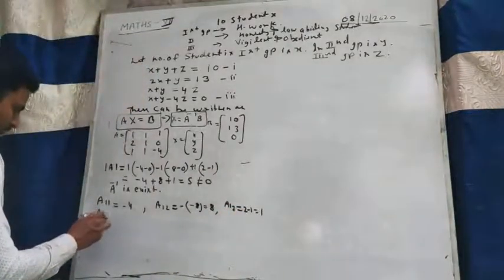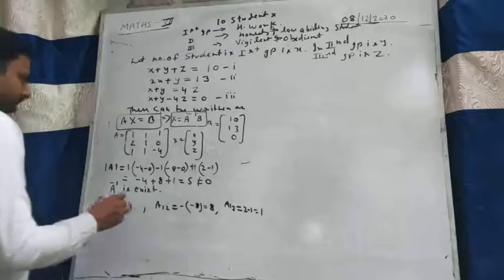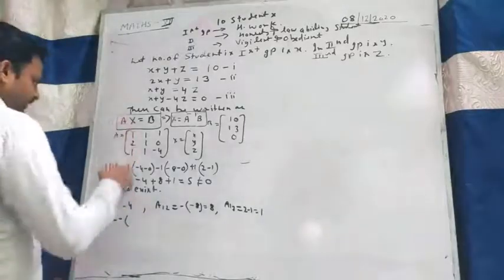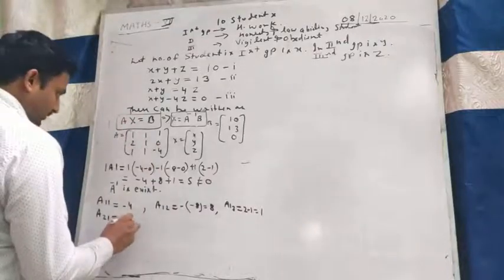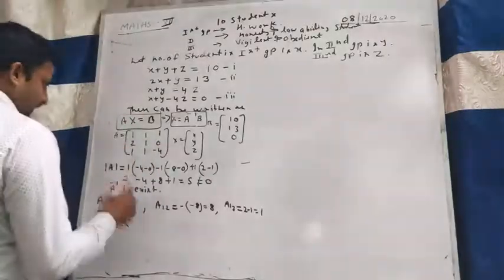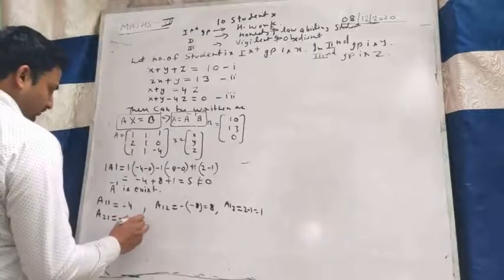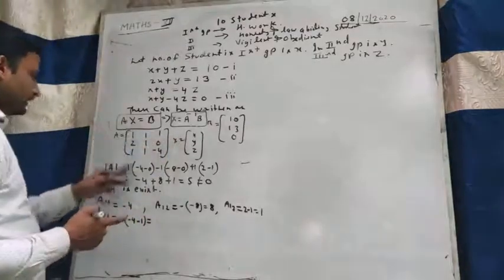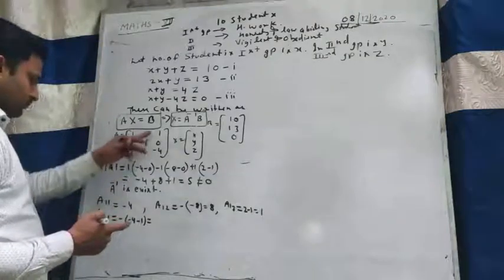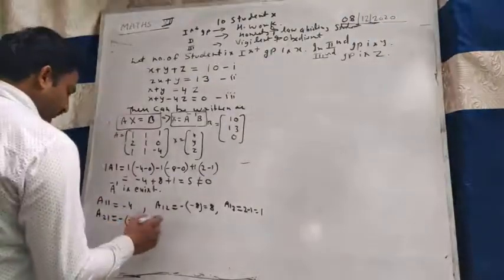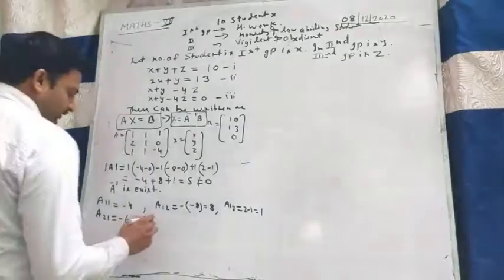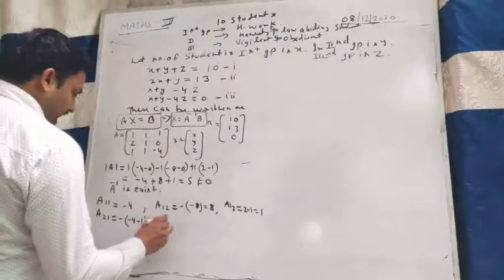Now A21: minus 4 minus 1, minus 5, with the sign it is plus 5.